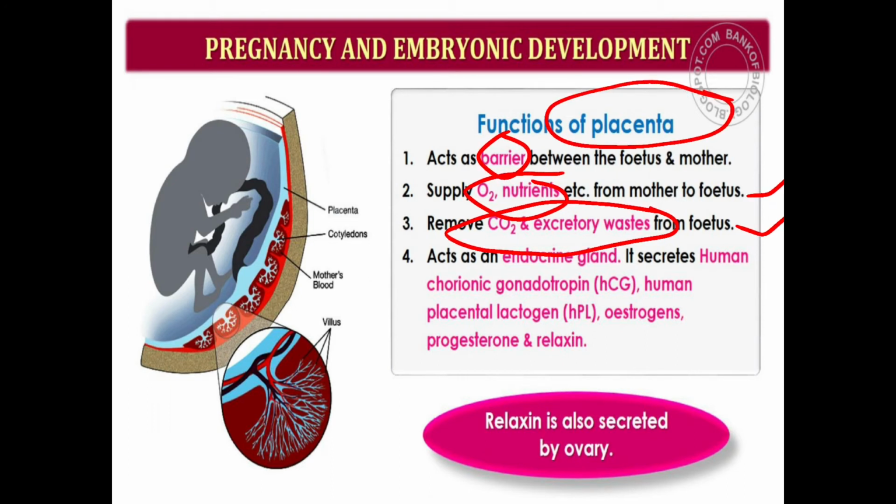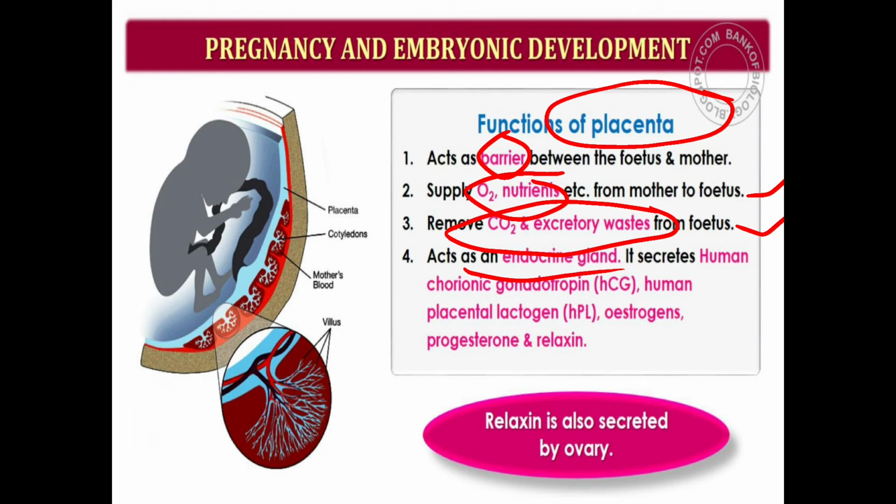Next, one more thing: the placenta acts as an endocrine gland, meaning a gland which produces hormones. It secretes the following hormones: HCG, HPL, estrogens, progesterone, and relaxin.